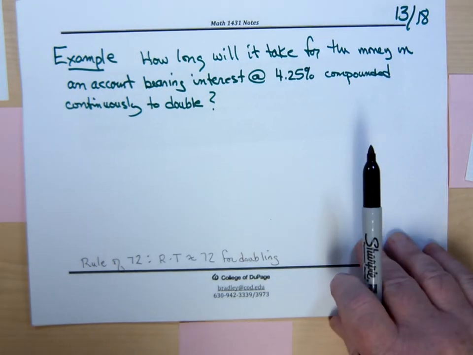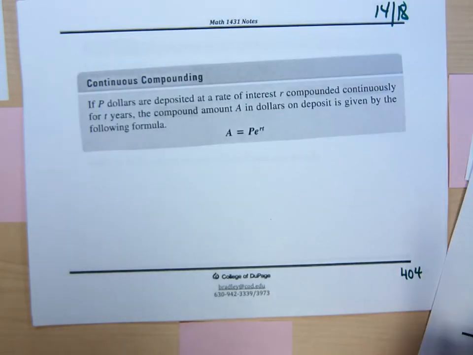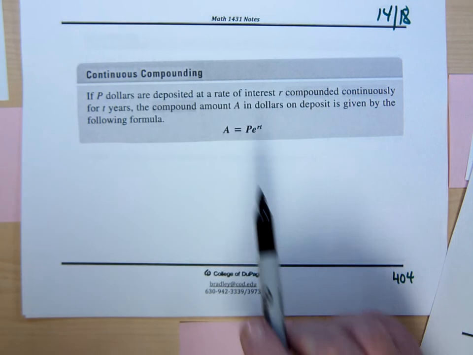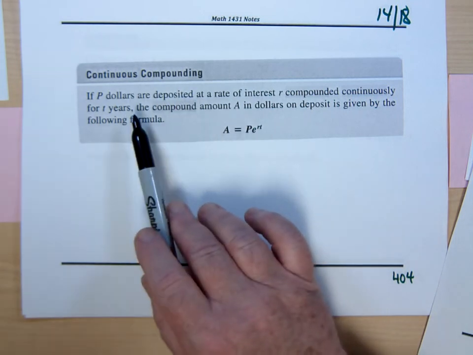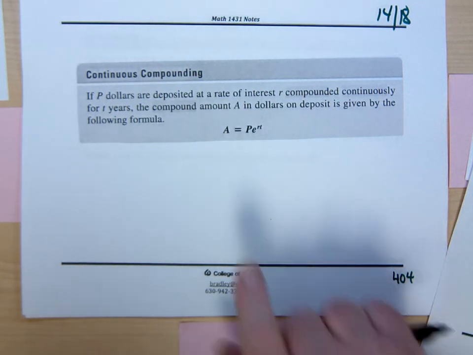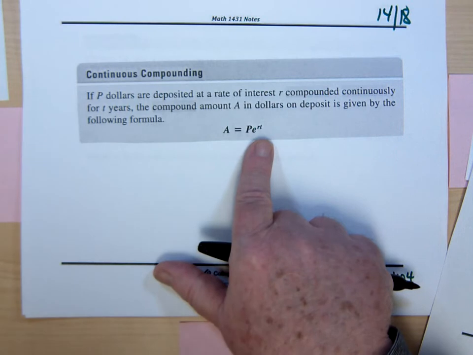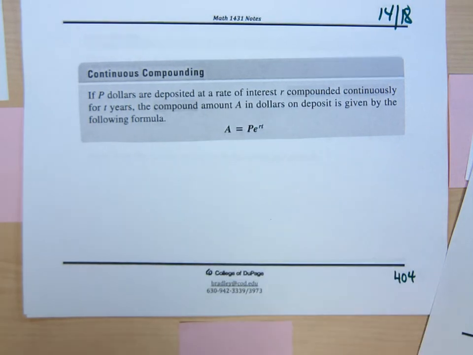The fundamental formula, which is on page 404 in your textbook, for continuous compounding tells us that if P dollars are deposited at an annual interest rate of R, compounded continuously for T years, the amount is A equals P times e to the RT. So that is the equation we're going to be using to address this problem.